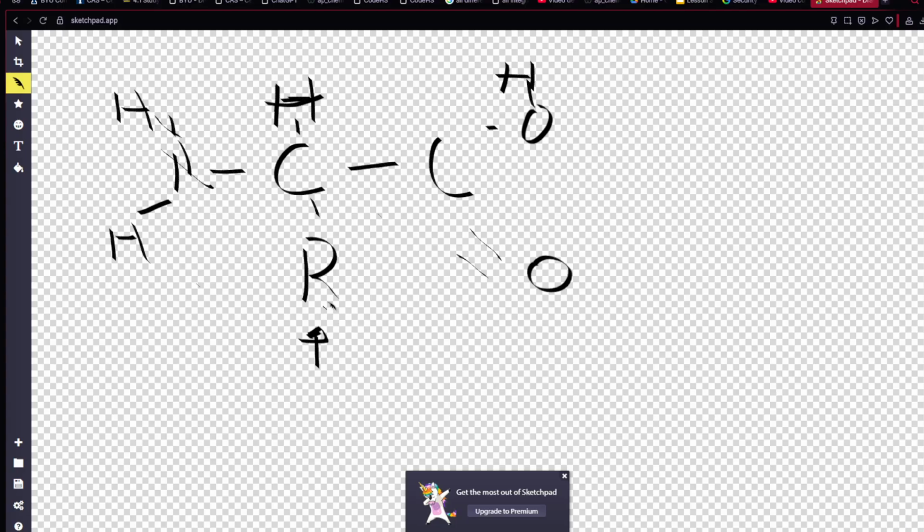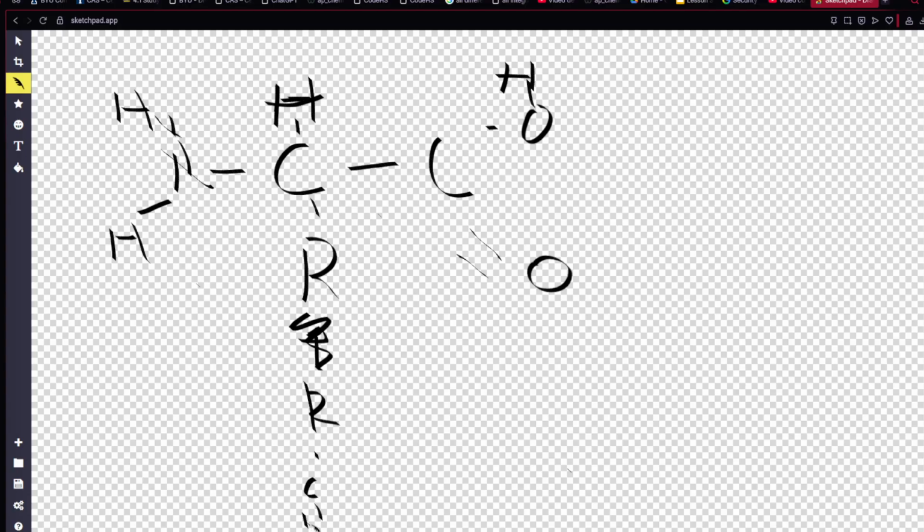So what happens is if another R group comes and bonds with this one, then we get, I don't think they call it this, but I guess it would be called a dipeptide. So we get R, C, H, and then again the amino and the carboxyl group. But we can get to the carboxyl group and we can get even further bonds with the amino group.